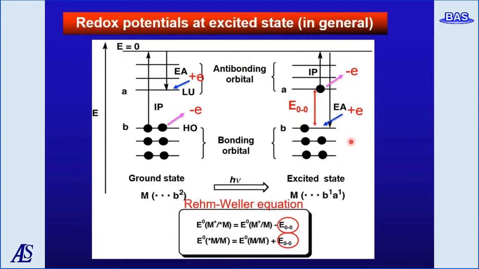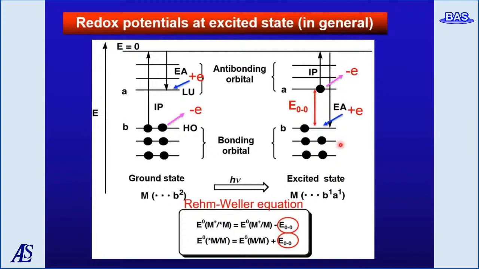On the other hand, the reduction potential of the ground state is the potential for the electron to enter the LUMO level. But in the excited state, the electron can be accepted into the vacant hole from which the excited electron has exited, so this level becomes the reduction potential at the excited state.